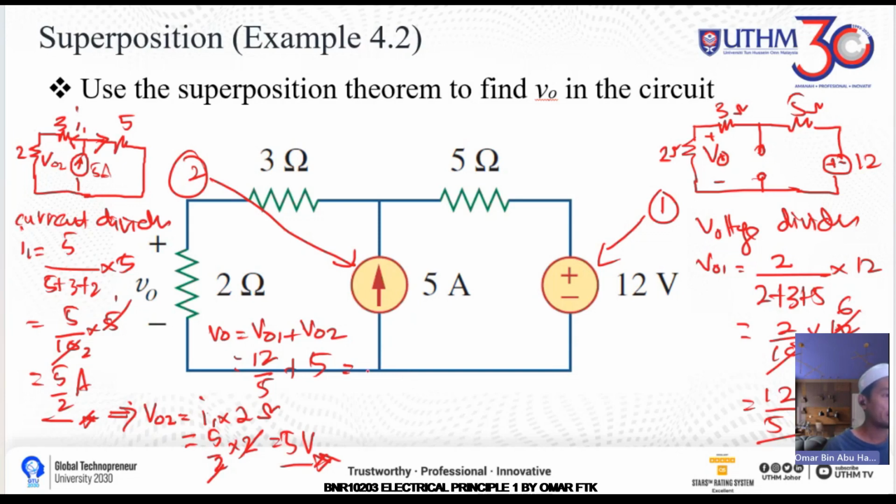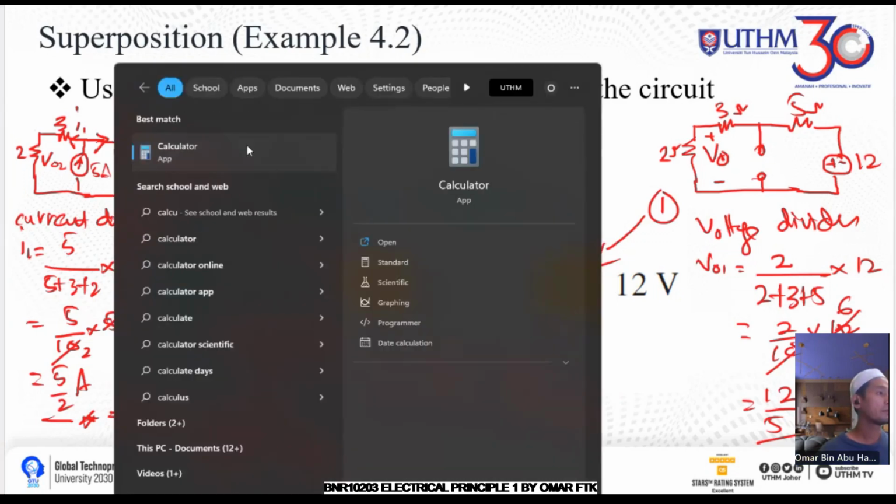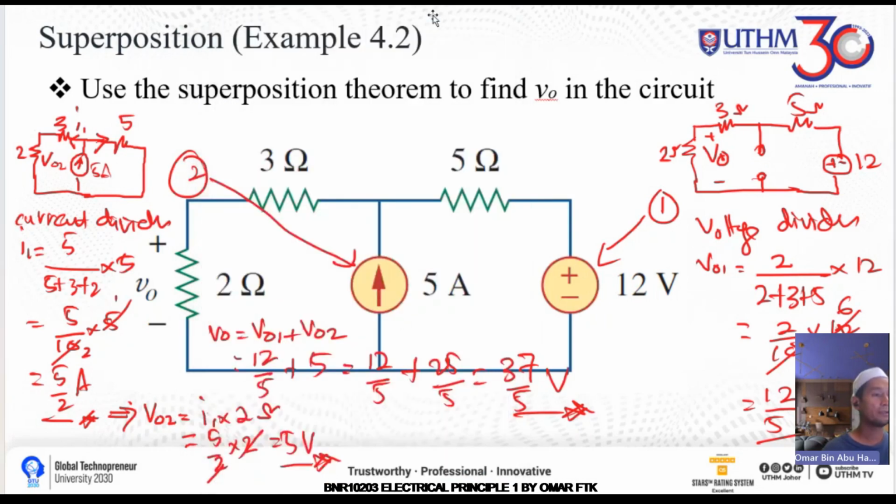Maybe we can just make it 12 over 5 plus 25 over 5. So we get 37 over 5 volt. 37 divided by 5 is 7.4. So you got 7.4 volt total.